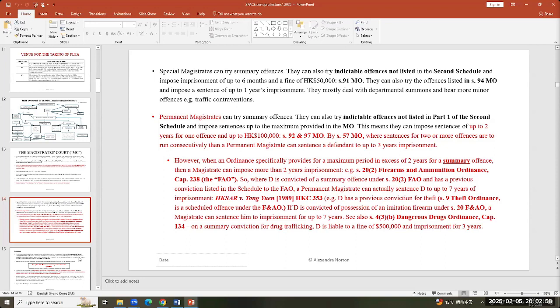An indictable offense is more serious. If they charge the defendant with a summary offense, and so the case on drug trafficking is heard in the magistrate's court, then he can be imprisoned for 3 years, just for that one offense. We're not talking about section 57. So this is a special statutory carve-out exemption for drug trafficking with an extended sentencing power.